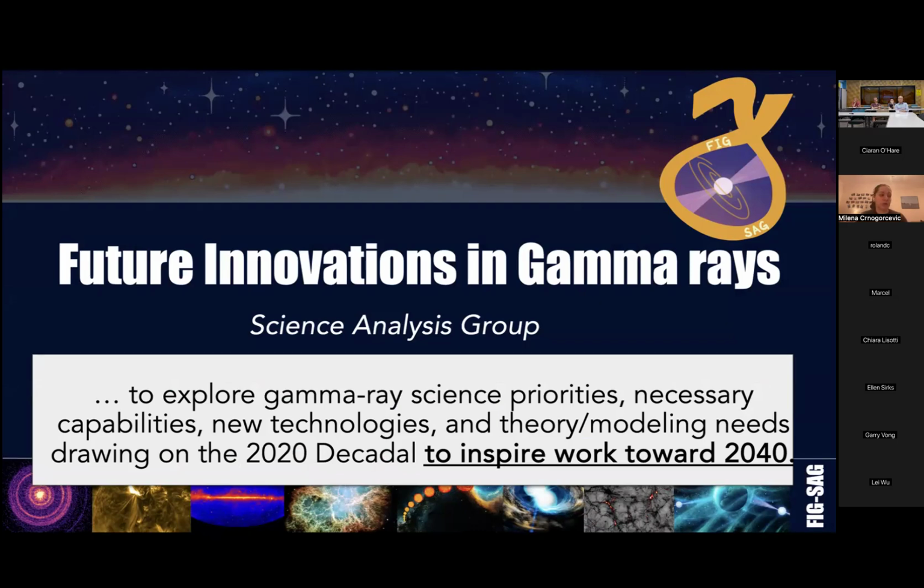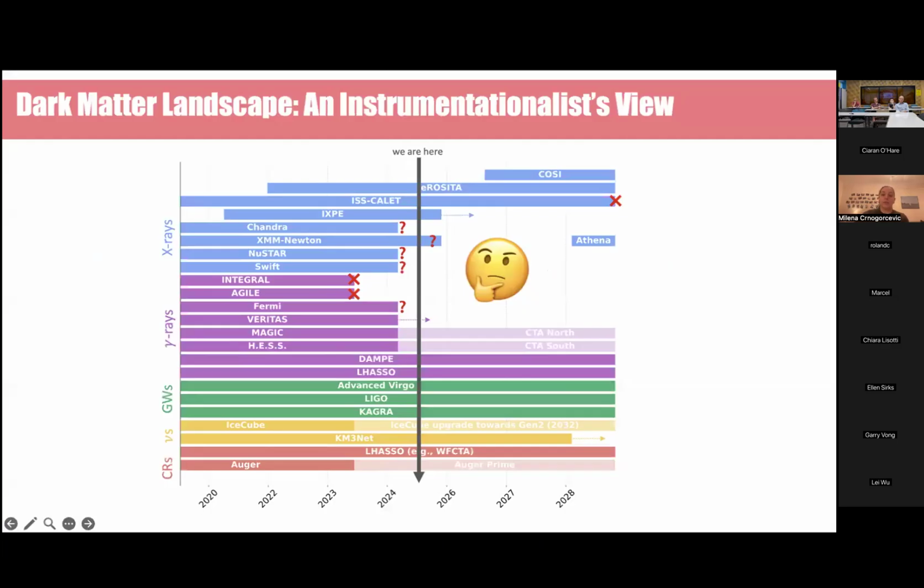As of now, we don't have an instrument that will be covering the energy range of a few tens of MeV to GeV after Fermi-LAT. And also, even though Fermi is an exceptional and outstanding observatory, it is also uncertain where the funding will be coming from and whether it will be continued following the senior review that should happen this year.